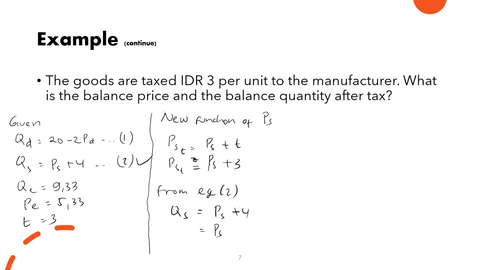Let PS stand alone, QS stays here, 4 goes to the left and becomes minus 4. Now change the direction. This is our third equation: PS equals QS minus 4.